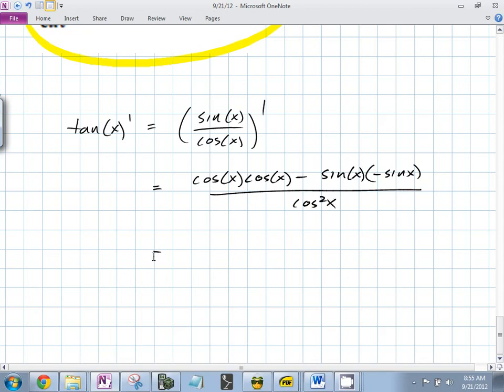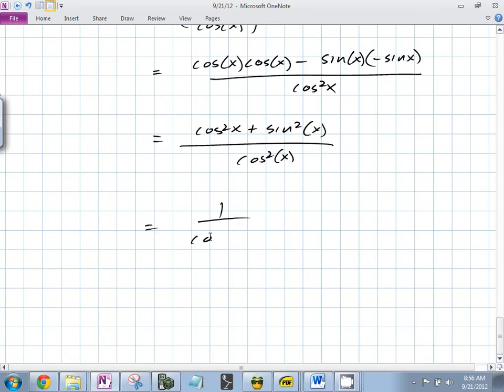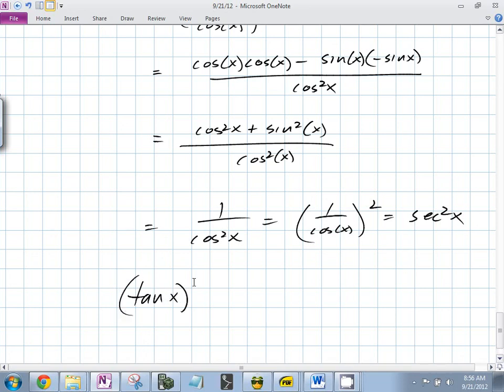Well, that's cosine squared x plus sine squared x over cosine squared x. What's cosine squared plus sine squared? So that's 1 over cosine squared x, which is 1 over cosine x squared. So that's what? Secant squared x. So you just figured out that the derivative of tangent x is equal to secant squared x.